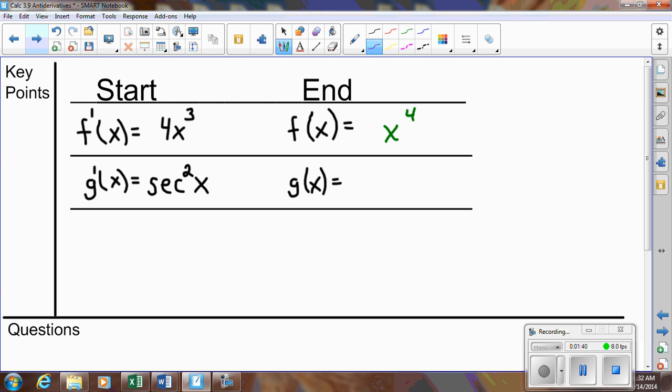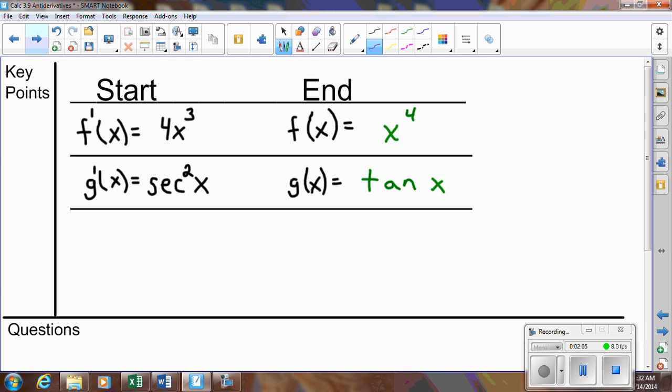What about secant squared? Secant squared is the derivative of tangent. And so knowing your derivative formulas and rules will, of course, make it significantly easier to identify the antiderivative. But here's one thing that is absolutely critical that you understand.